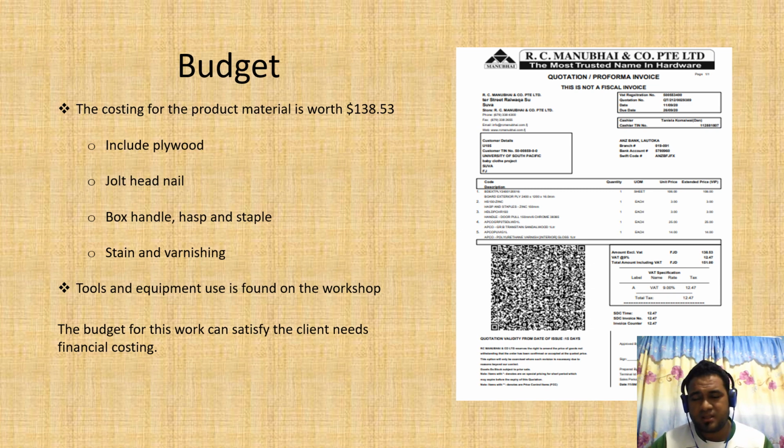Some of the budget was given up in the plan. There's an invoice shown here, showing the total cost for the materials, which is $138.53. It includes the plywood, the nails, the box handle, hasp and staple, and also stain and varnish. Tools and equipment are not included because they are available in the workshop.